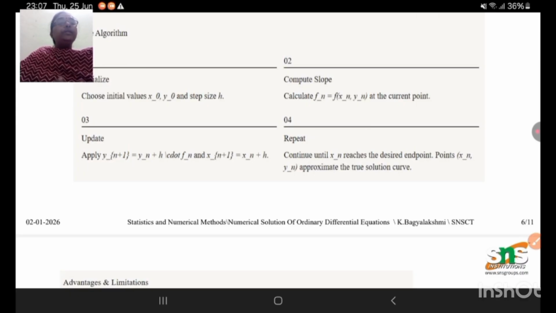We repeat this process until xn reaches the desired endpoint, and then we get the approximate solution.